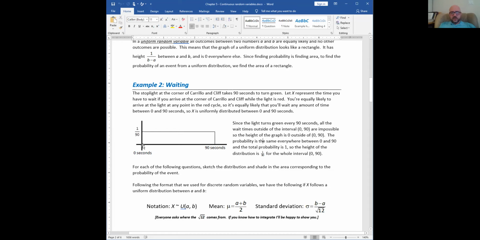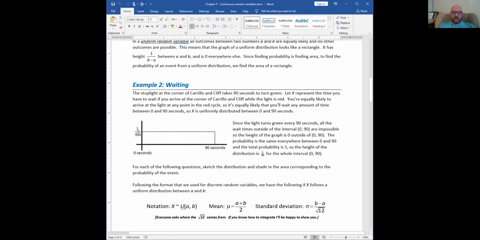And that means that since we want the entire area of this distribution to be 1, and since the base is 90 and it is a rectangle, so the area is base times height, then we want the area to be 1, so the height has to be 1 over 90, right? The number that you multiply by 90 to get 1 is 1/90th.